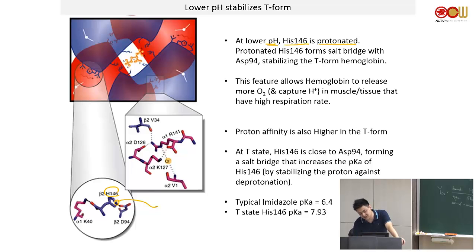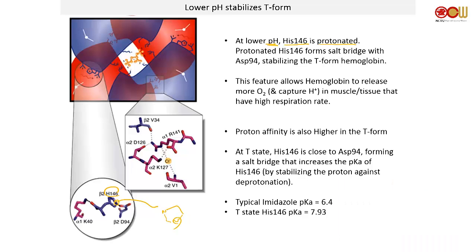I mean, come on, in biology you only have three options: carbon, oxygen, and nitrogen. Carbon. Anybody says carbon is protonated? No, not carbon. Carbon doesn't like to be protonated. Oxygen, nitrogen. Why? This guy is histidine. Histidine, remember, is that thing, right? So it has a nitrogen, right?